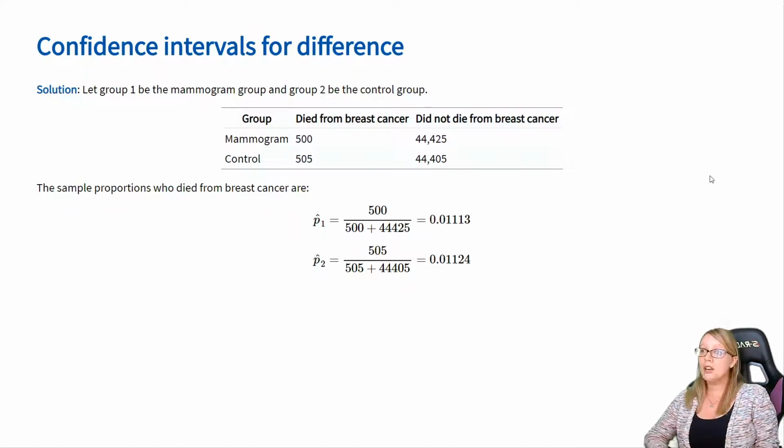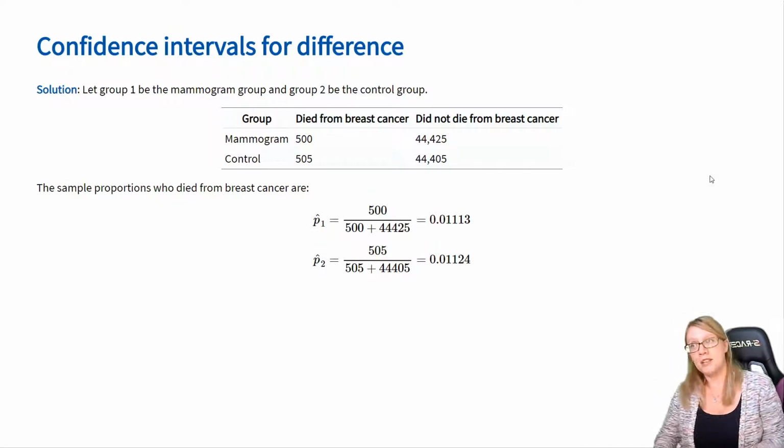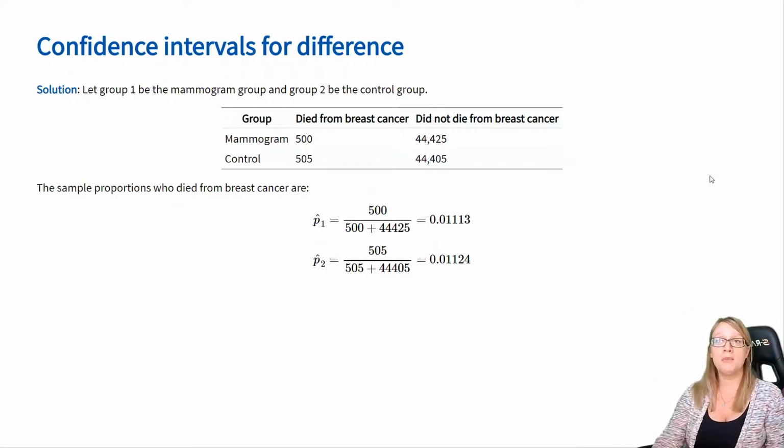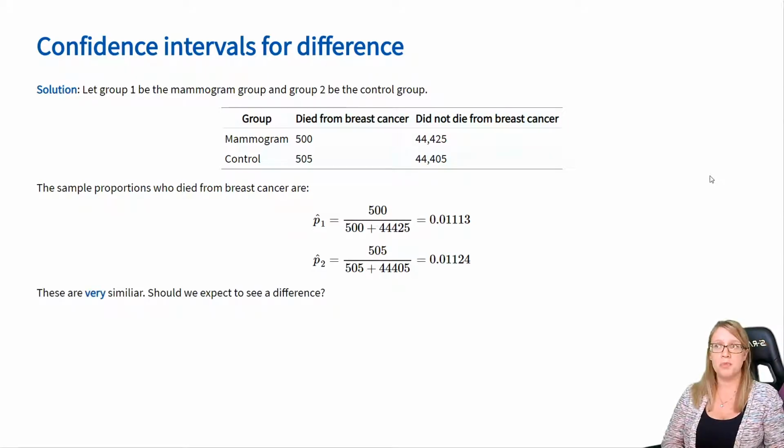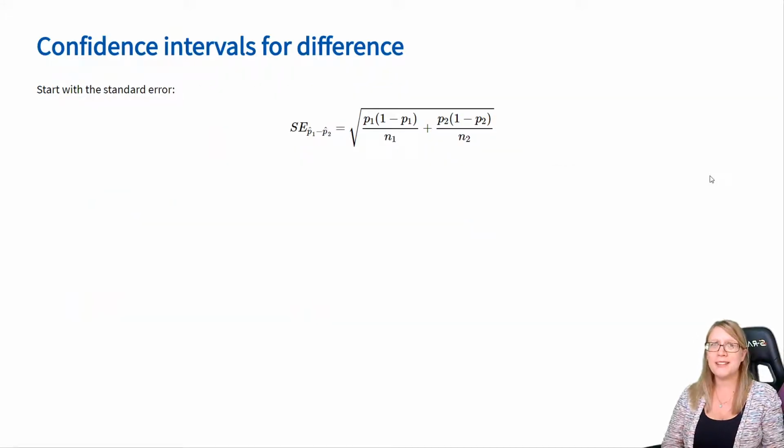So we'll calculate our sample proportions. The sample proportion in each group who died from breast cancer, p hat 1 for the mammogram group is 0.01113. In the control group, it's 0.01124. So very similar proportions for our two groups. We probably won't expect to see a difference, but let's calculate the confidence interval to be sure.